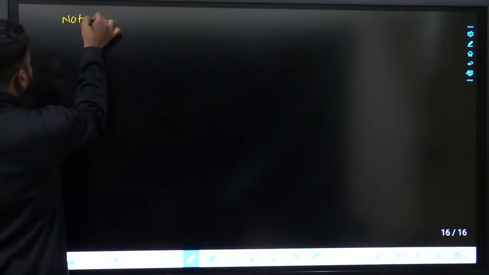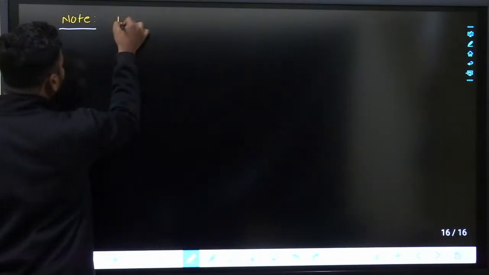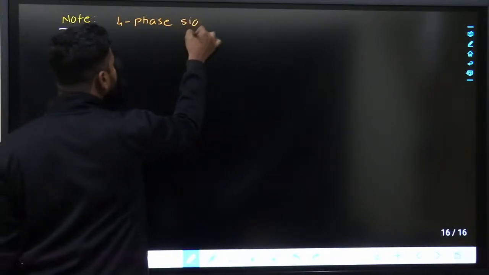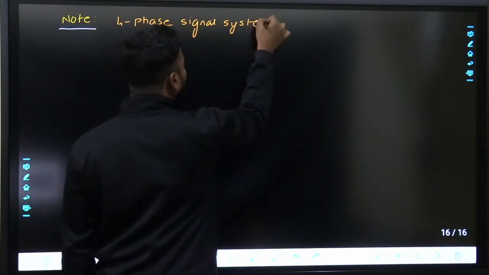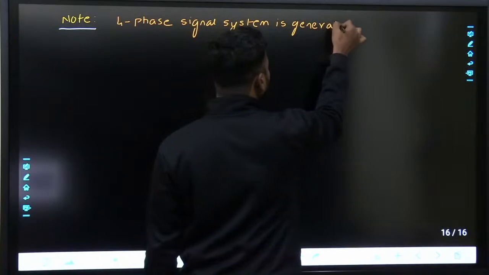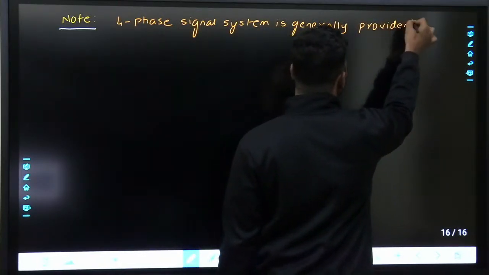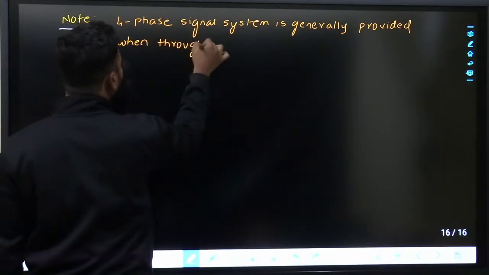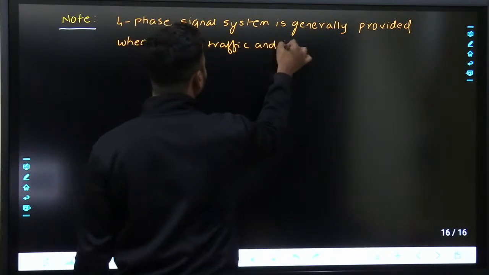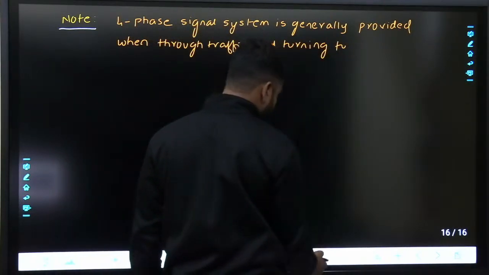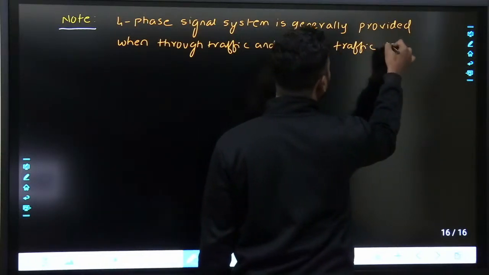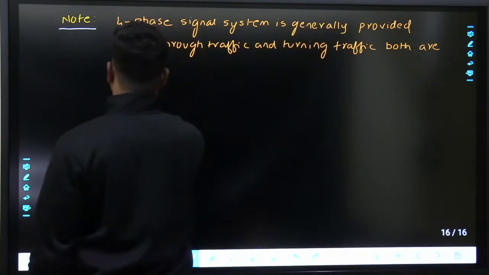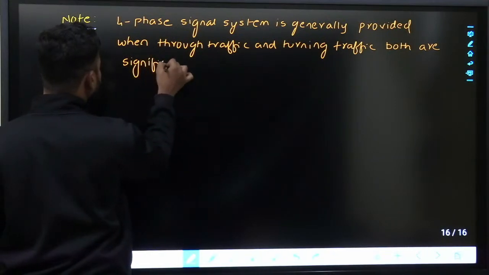You can take a note over here. Note is: four-phase signal system is generally provided when through traffic and turning traffic both are significant.